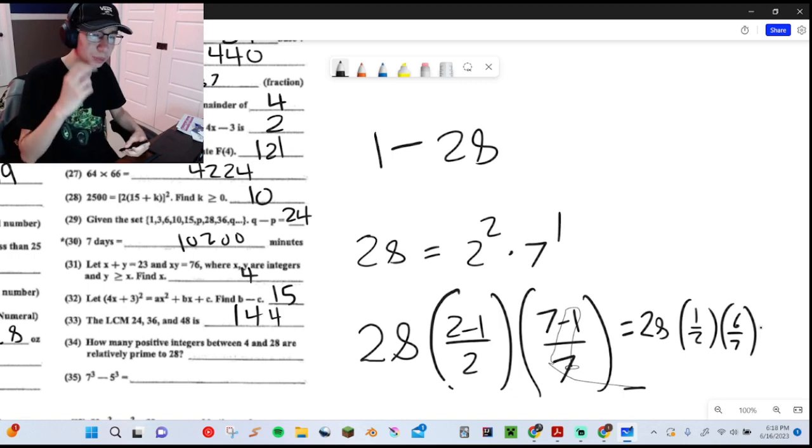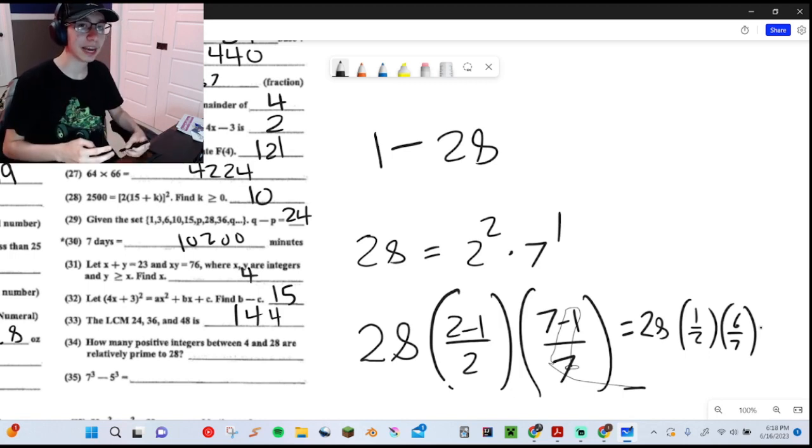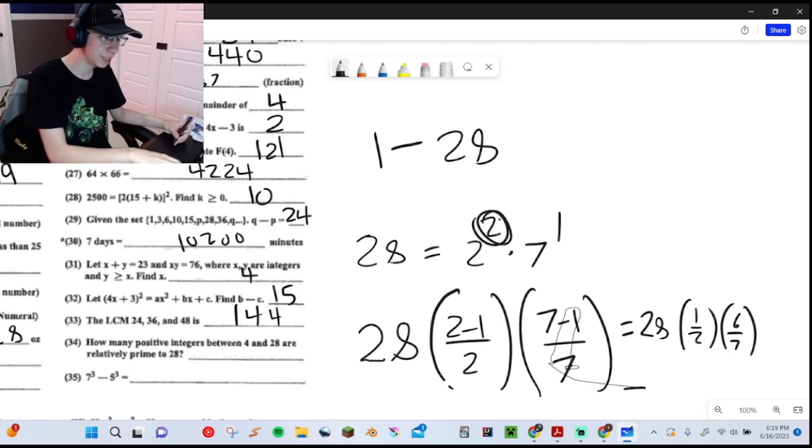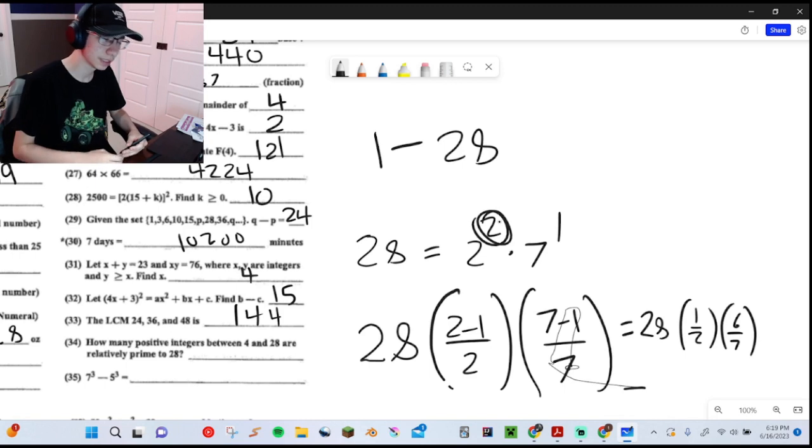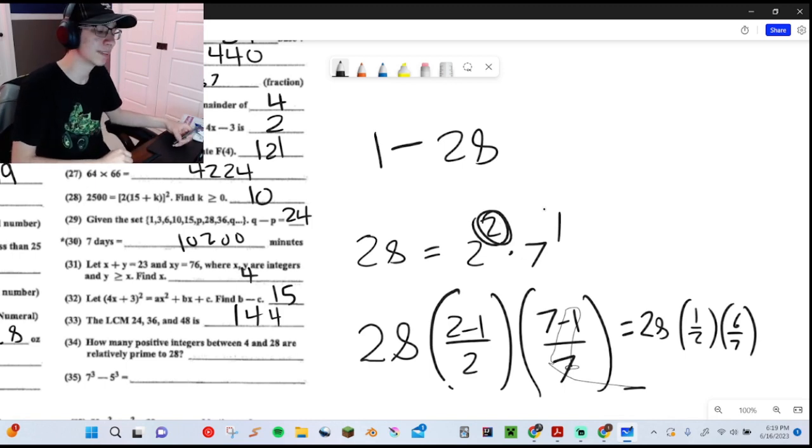The numerator is 1 less than the denominator, the denominator being the prime factors of the number. Keep in mind, it doesn't matter what this exponent is. It could be 2, it could be 21 million. I'd still do this to get the number of relatively prime numbers.